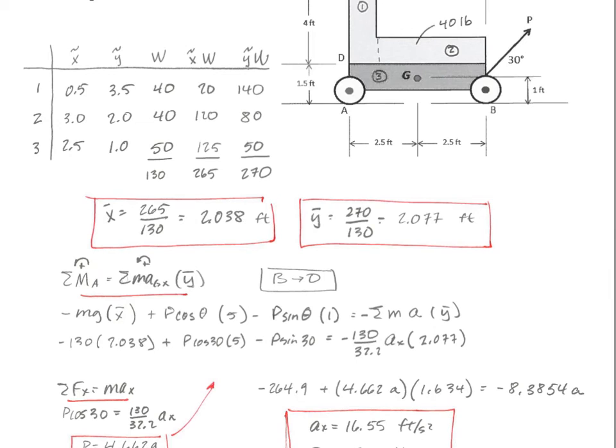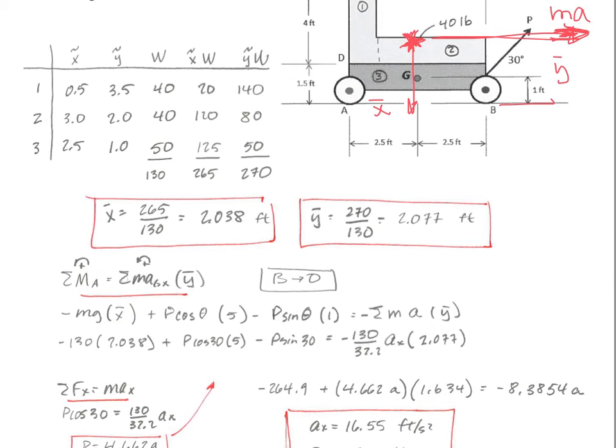So let me just put a CG in here. Let's just say that the CG for the system is right there. And it's going to have an mg going down times an x bar, and it will also have a y bar that looks like that with a mass times acceleration vector going in that direction.